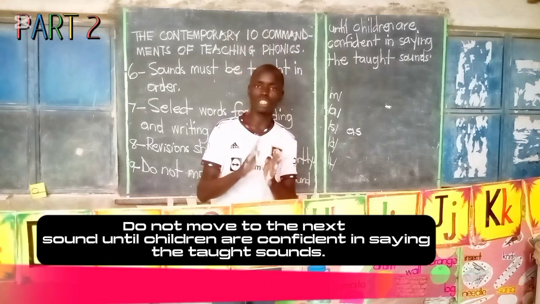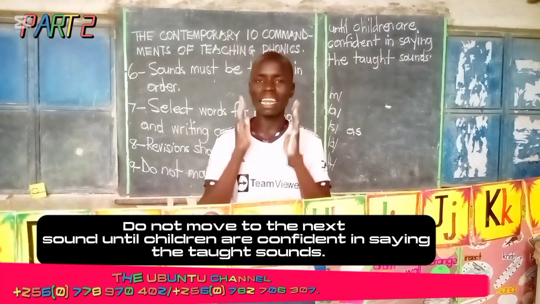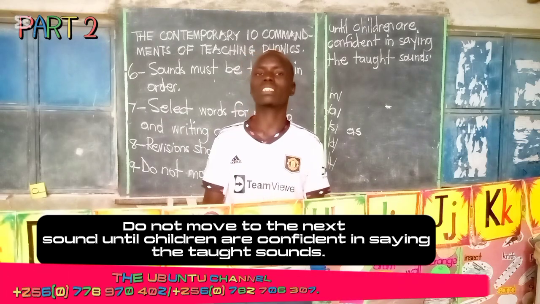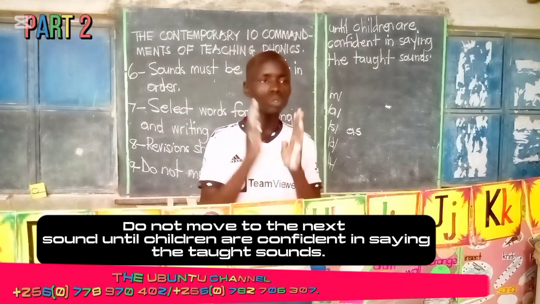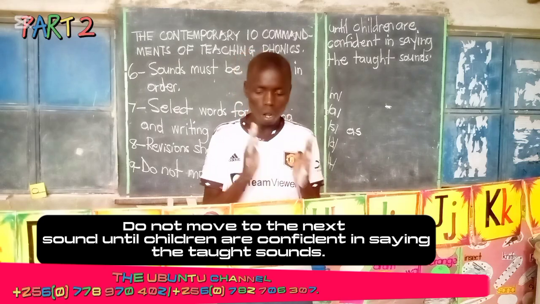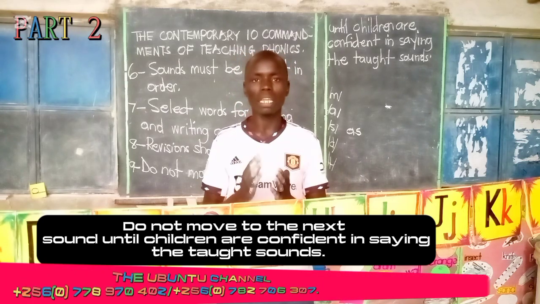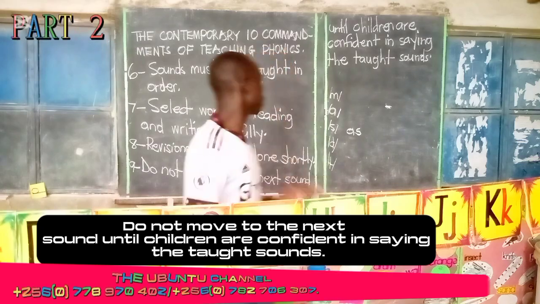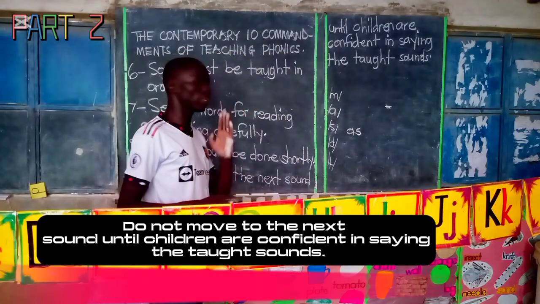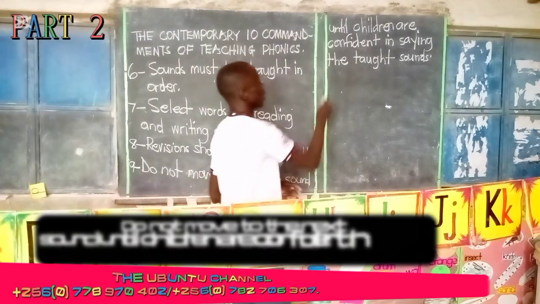Make sure you teach your children properly. Let them first understand or let them first be able to say a sound before going to the next sound. You can also test them whether they have already understood or not. That is number 9. The last one, to crown it all, we are going to number 10.